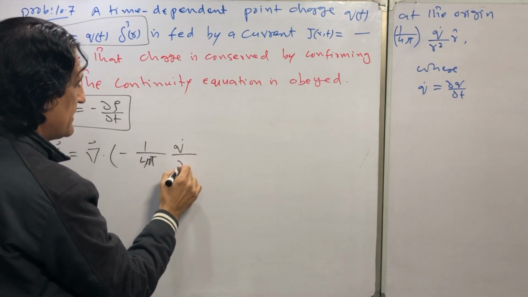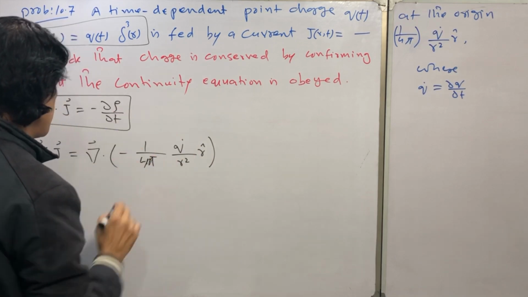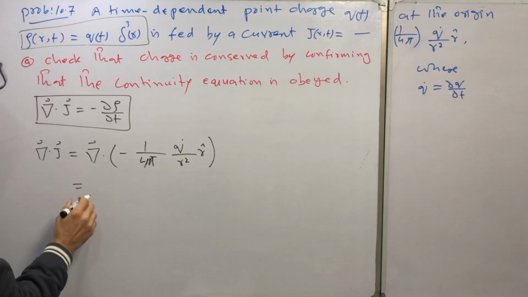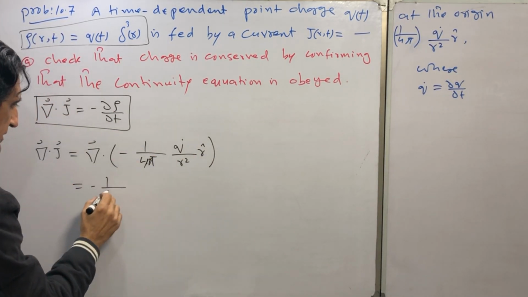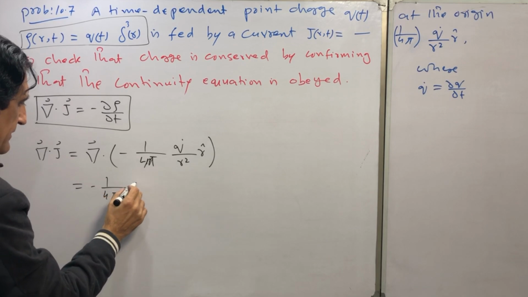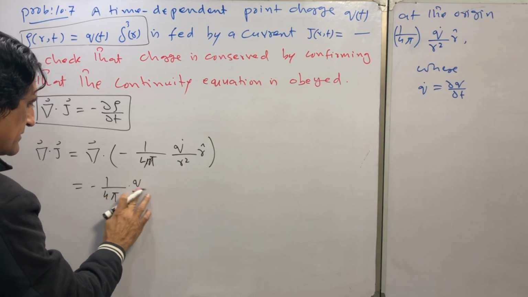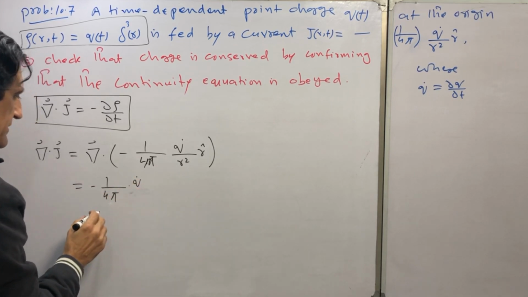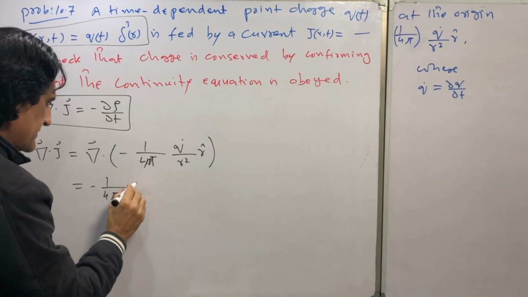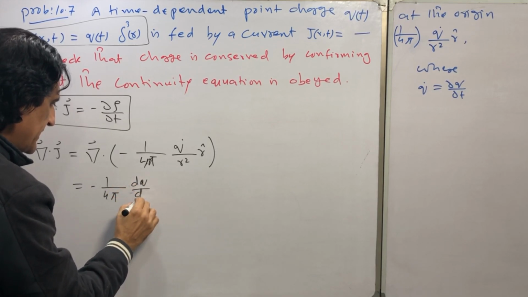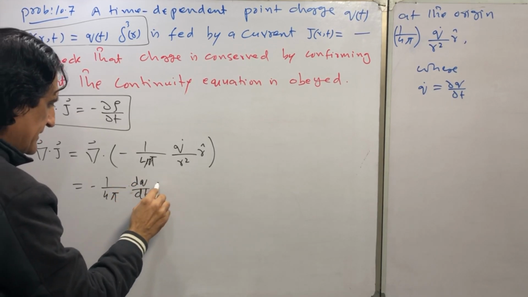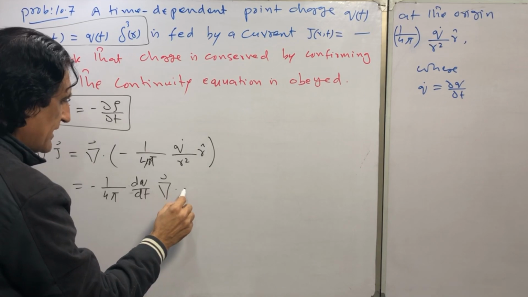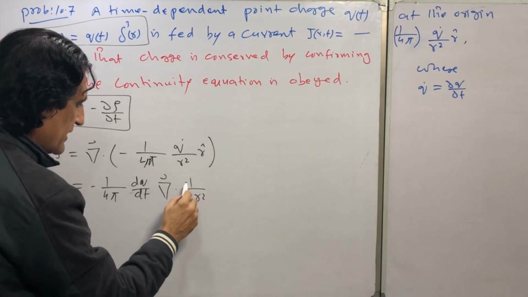Q dot divided by r squared, r hat is a unit vector, and minus 1 over 4 pi Q dot, where dot means dq divided by dt, and the divergence of 1 over r squared.